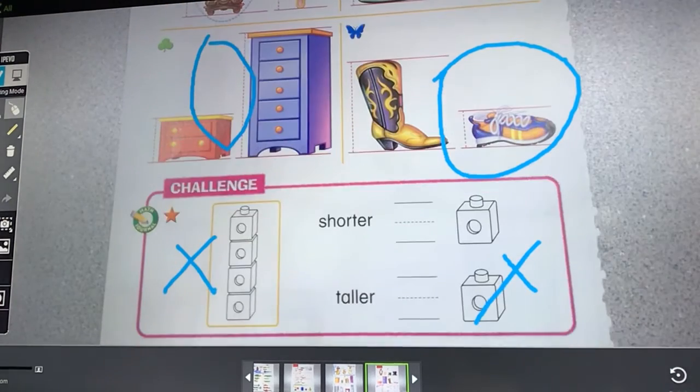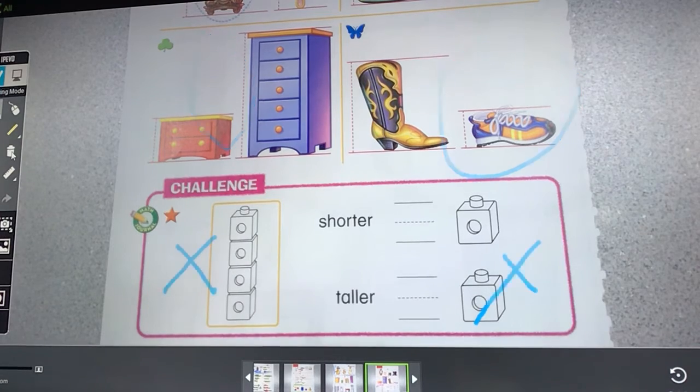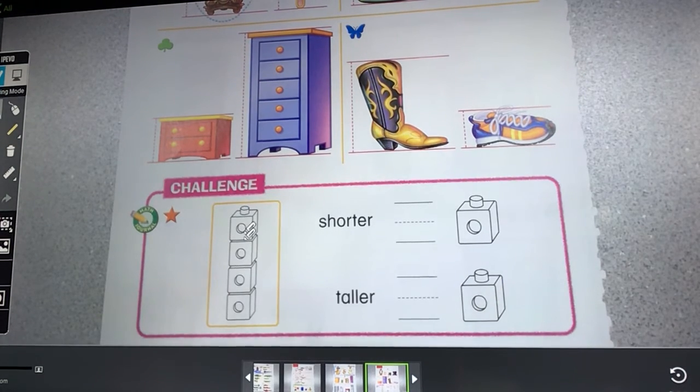Now, this is the challenge one. We have a stack of blocks. Okay, how many blocks do they have? Count them. 1, 2, 3, 4. I want you to take your blocks and make a stack with 4.